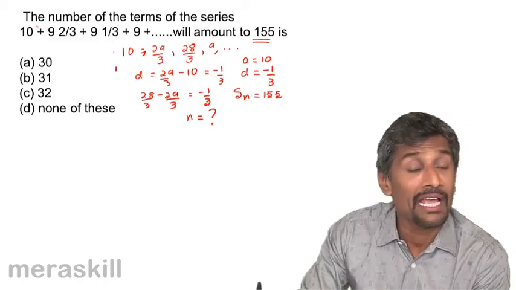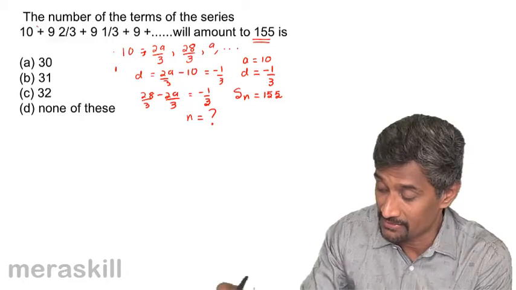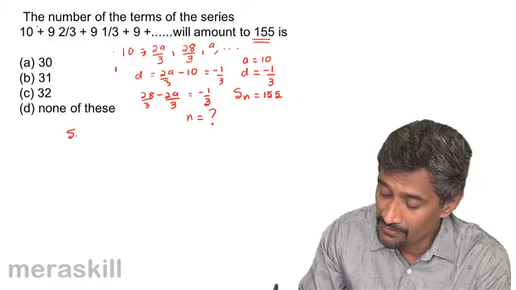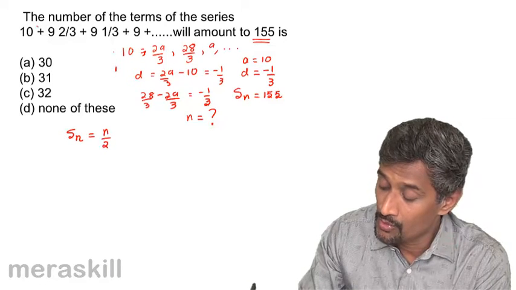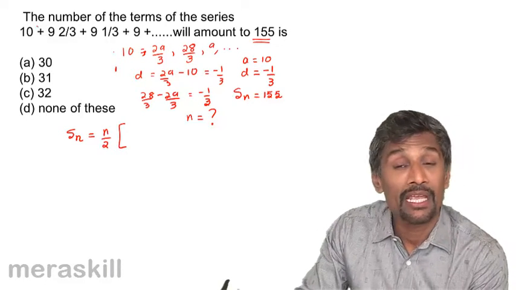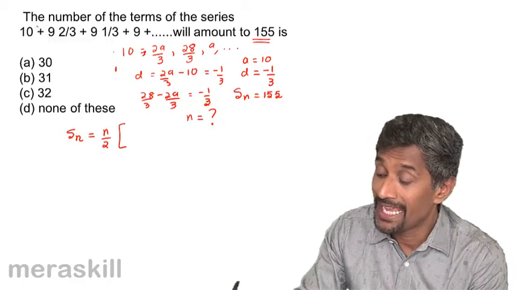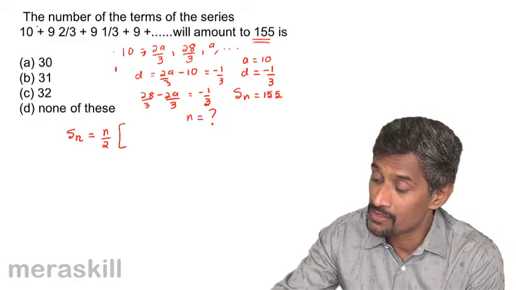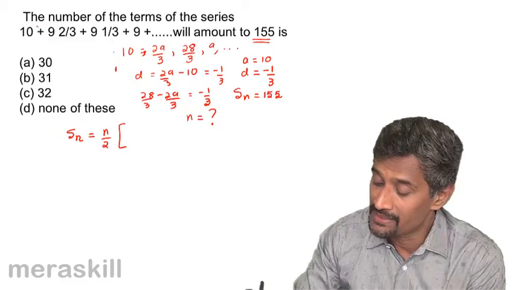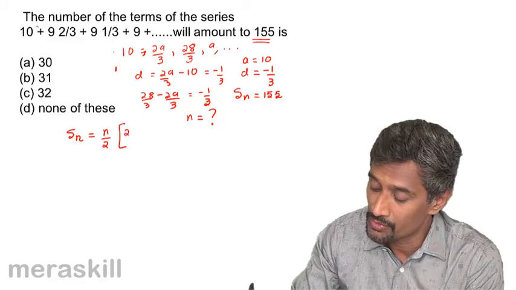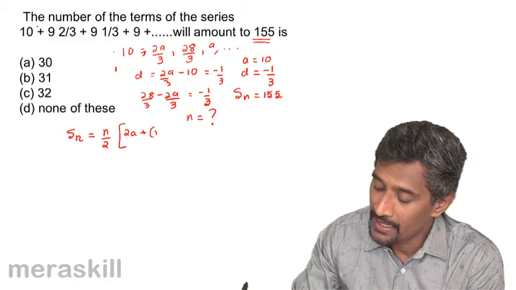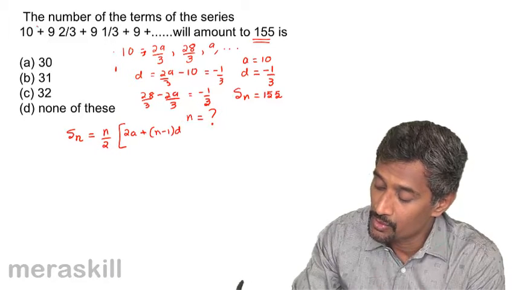Now, whenever we have n, you're bound to get a quadratic equation. Let's see what we have. We have the formula Sn is equal to n by 2. And here we can use the formula a plus the last term, but we have Sn, we have 155, so we don't know what the last term is. So it's better to use 2a plus n minus 1 into d.